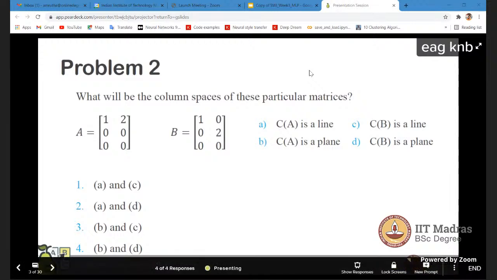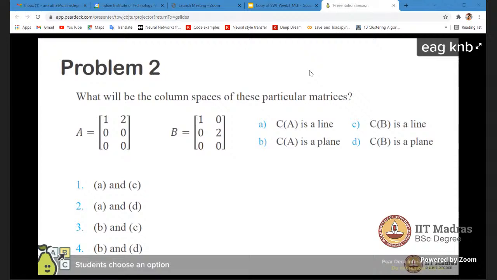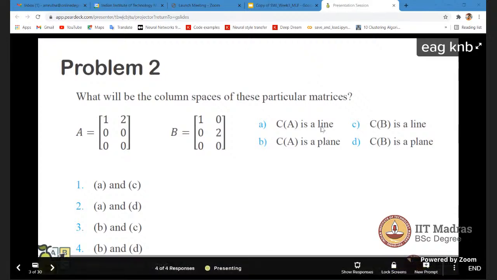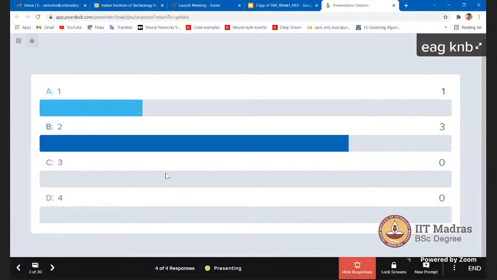Let us see your responses. One of you has said both are lines, and three of you have said that C of A is a line and C of B is a plane.